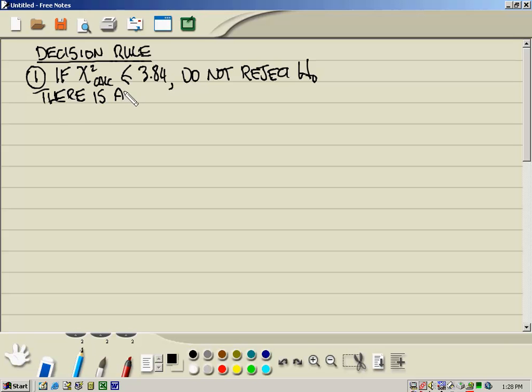There is an insignificant relationship between our 2 variables, and specify your 2 variables, political preference and region.